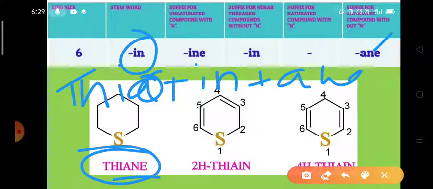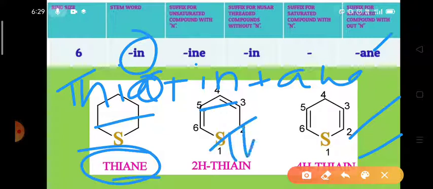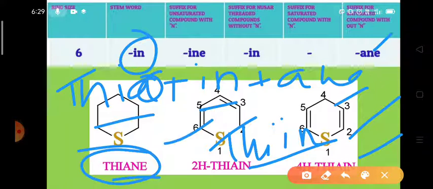And for the saturated one we would use thia plus ane, thiane. So like that we have to give the name. And hydrogen is present at the 4, so that's why it is a 4H thiine, and it is a 2H thiine.